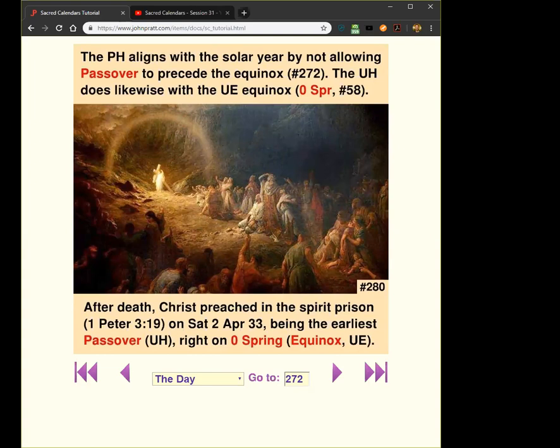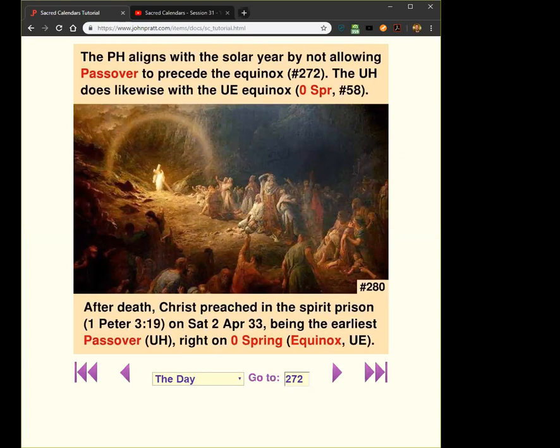But here is one of the things that I was spending all the time last week preparing for, and it's not that difficult. This one says that the perpetual Hebrew aligns with the solar year by not allowing Passover to precede the equinox, and we emphasized that last week. The uniform Hebrew does likewise with the uniform Enoch equinox.